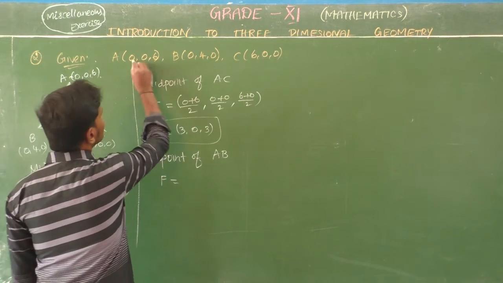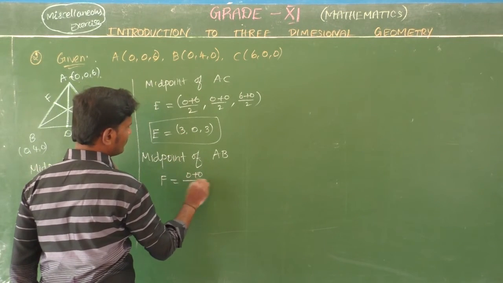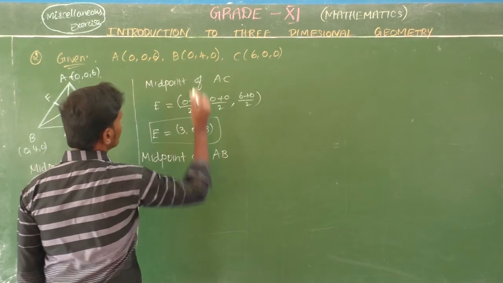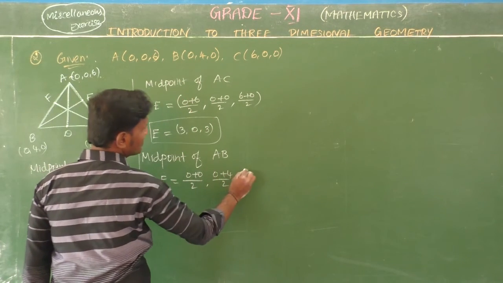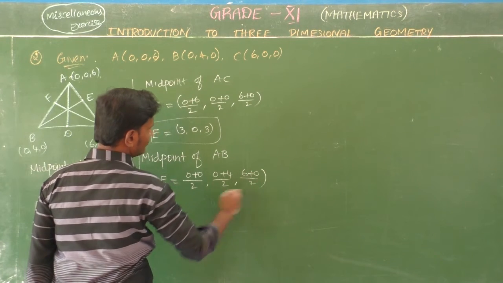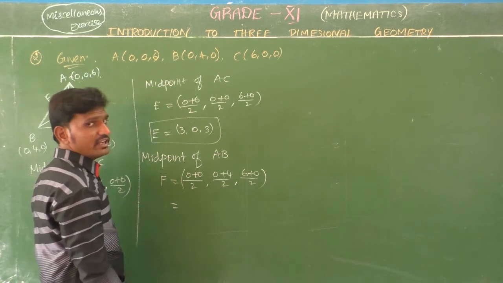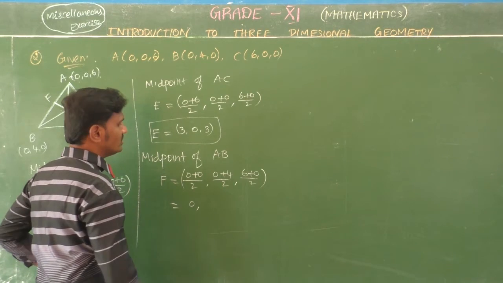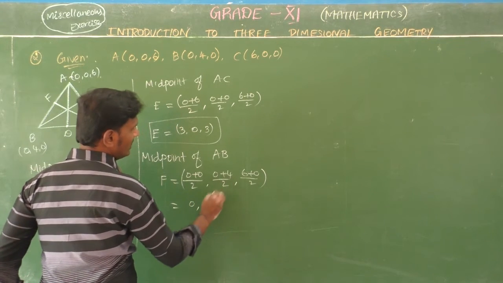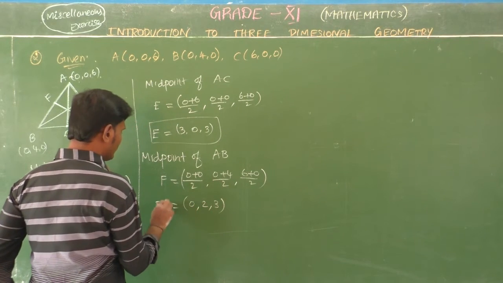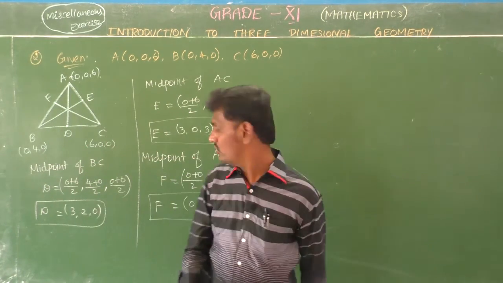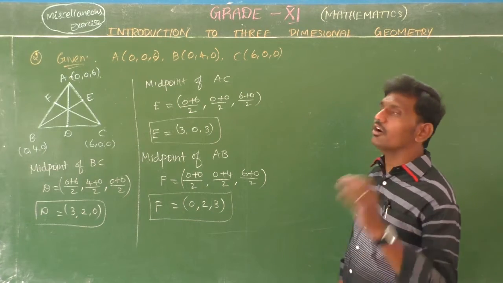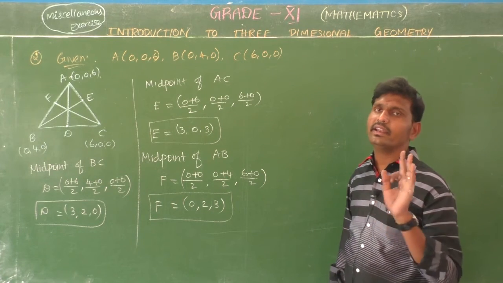So 0 plus 0 by 2, 0 plus 4 by 2, 6 plus 0 by 2. Now 0 plus 0 by 2 is 0, 4 by 2 is 2, 6 by 2 is 3. So this is the point for F. Finally we got the three midpoints of the triangle.